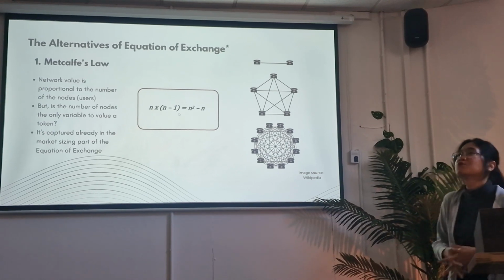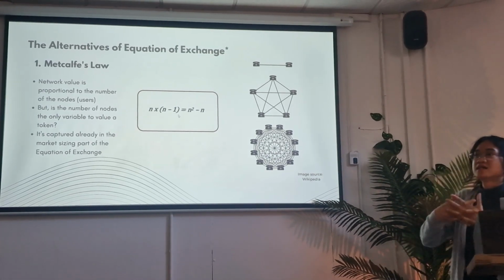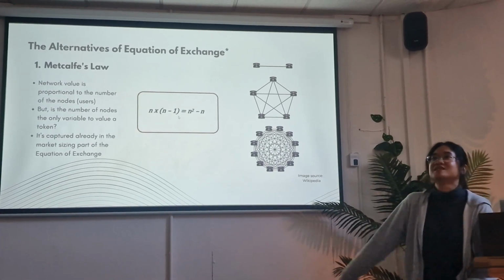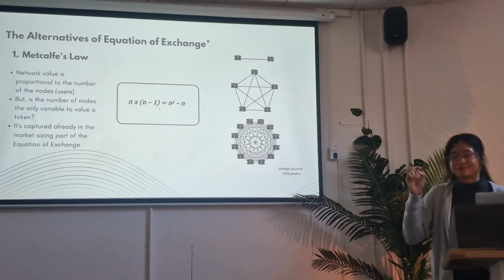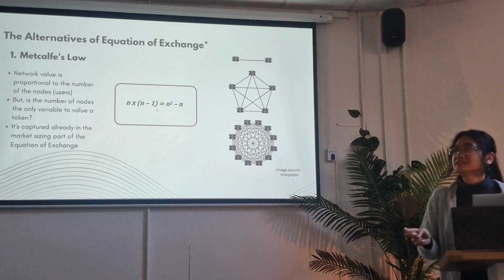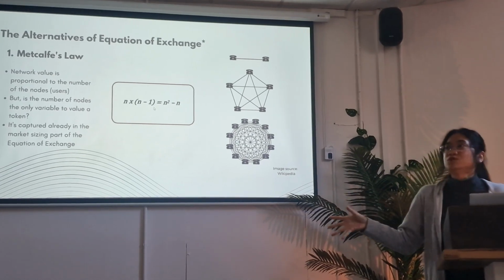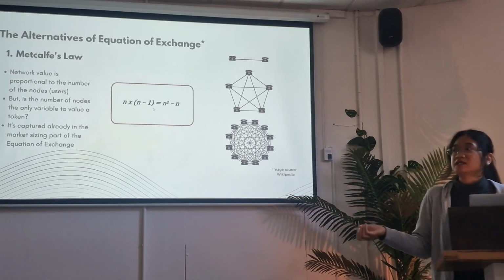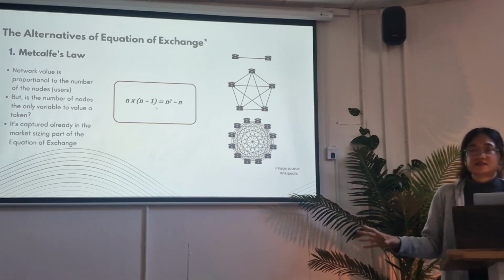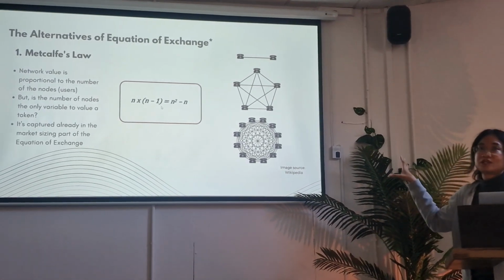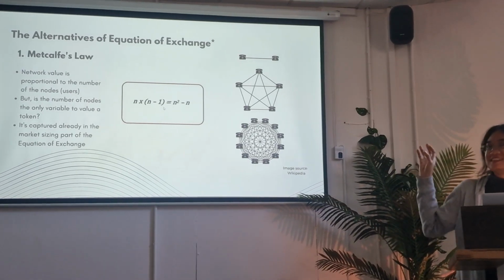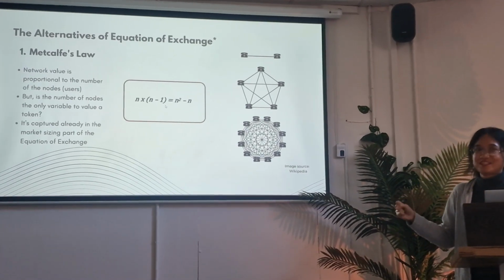If you are familiar with Damodaran, he's like the father of valuation, from a university in the US, whose theory we in the UK also follow for traditional finance firm valuation. But in tokenomics, it's not decided that there is a single theory that we must use.